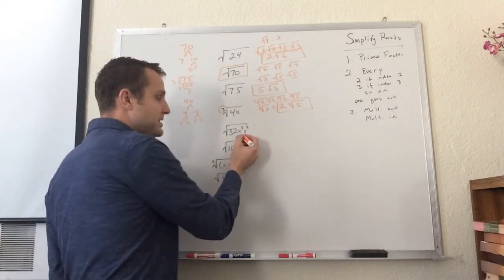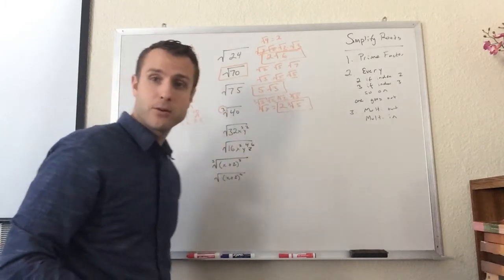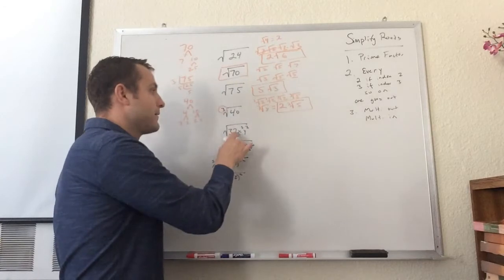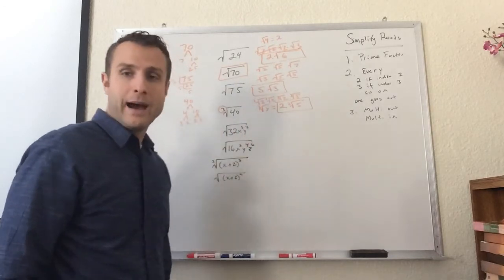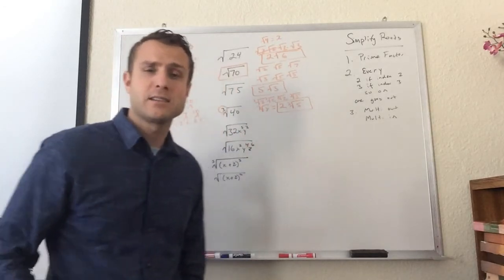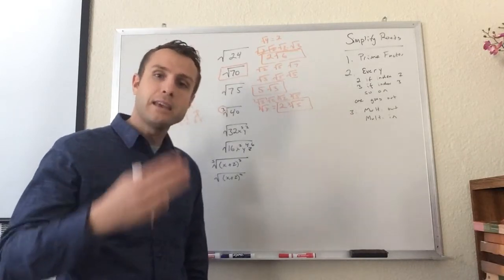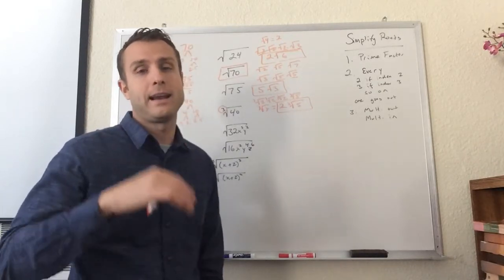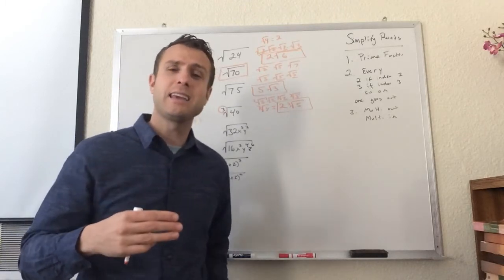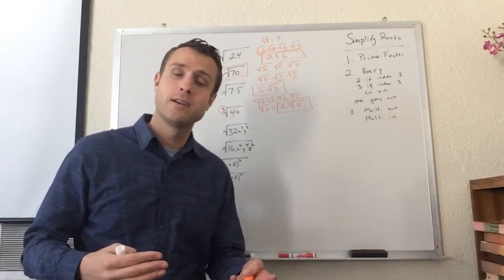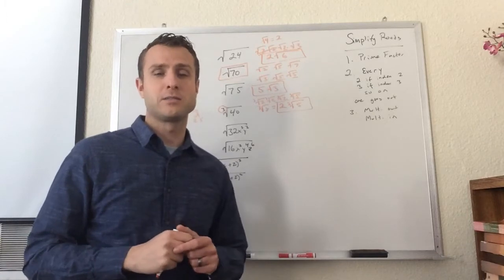Now this time, notice here, I not only have a number, but I also have variables. Now, in your lesson, it talks about how if the variable is even and you pull out 1 and then it has an odd exponent, technically it could be positive or negative, so you have to put the absolute value symbol.